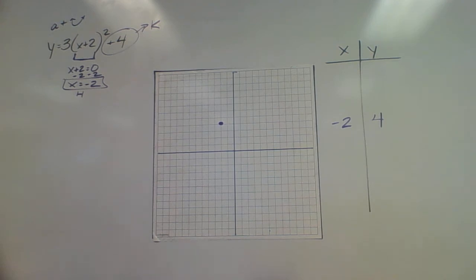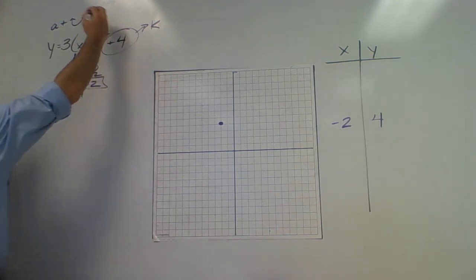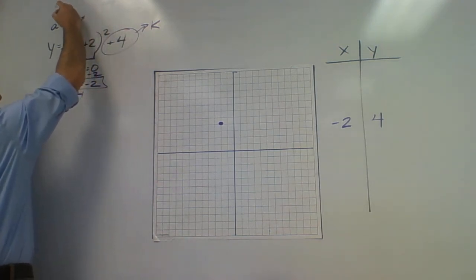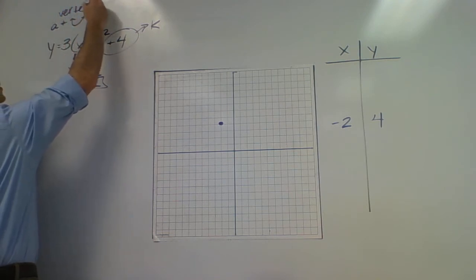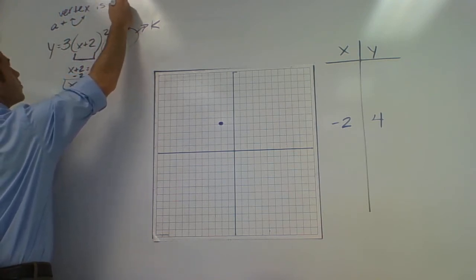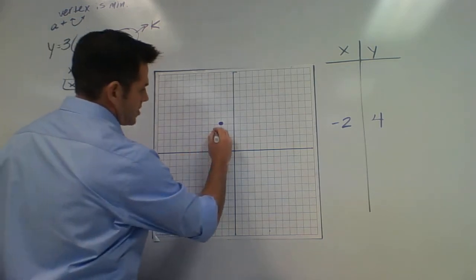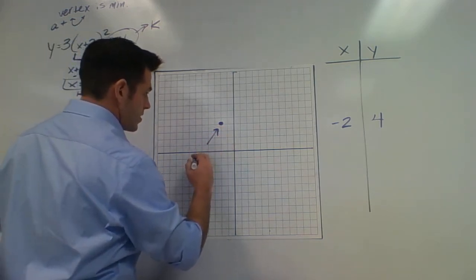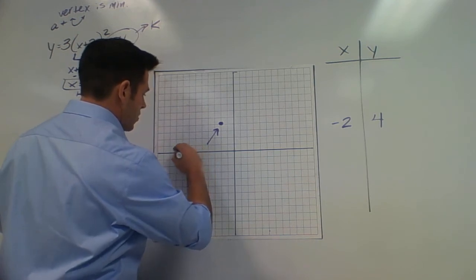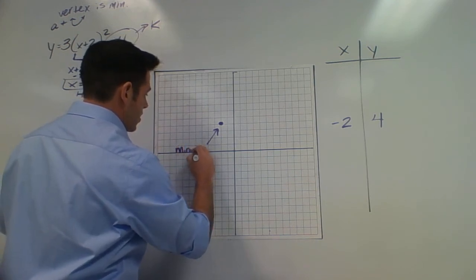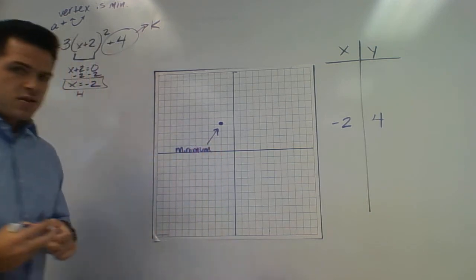And because it's going upwards, that means our vertex is a minimum. Just to point it out, this point right here is our vertex.